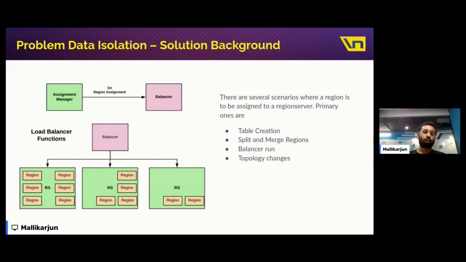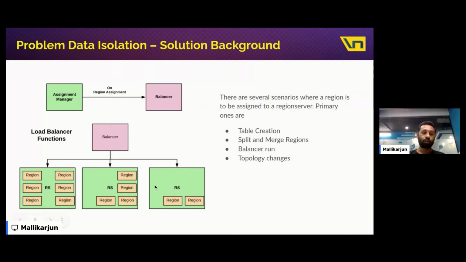A bit about how we approached this, by way of background: one concept in HBase is the load balancer, right? Primarily the load balancer does two functions. One is ensuring optimal resource utilization across the region servers.